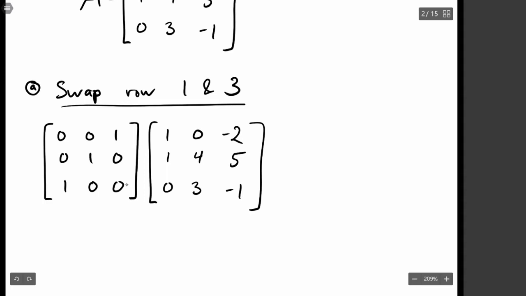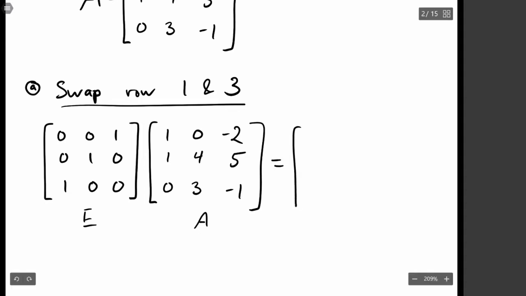Oops, that was supposed to be a 1. If we swap these rows back, you see we had the identity. So here's our elementary matrix, and here's our matrix A. If we multiply this out, we should swap rows 1 and 3.